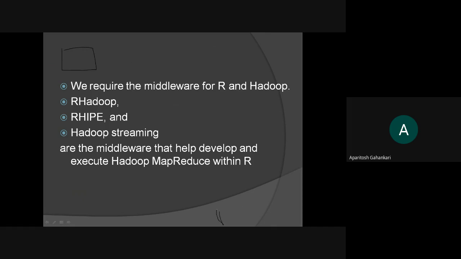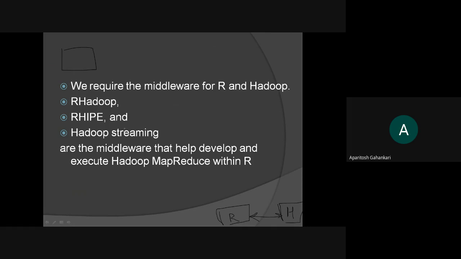Okay, so this is your R program and this is your Hadoop program, and there should be some middleware which sits between these two, because R is efficiently able to do the statistical analysis, and Hadoop is going to efficiently do the map reduction work with the help of huge amounts of data.